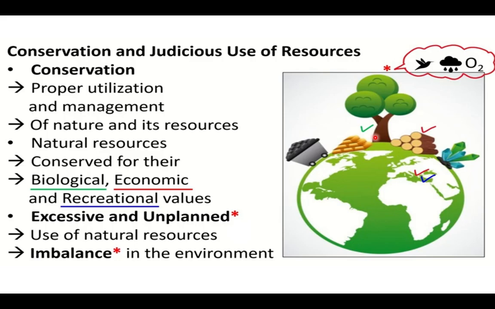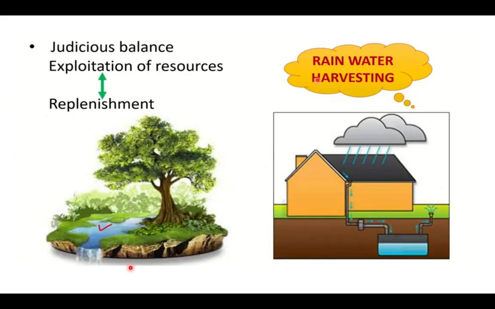If cutting alone is done and no plantation, what happens? That leads to imbalance in nature and in the environment, right? Not only that, if coal or minerals or wood are continuously used up and not replenished, that leads to imbalance in the environment. So proper planning should be there while using the resources.